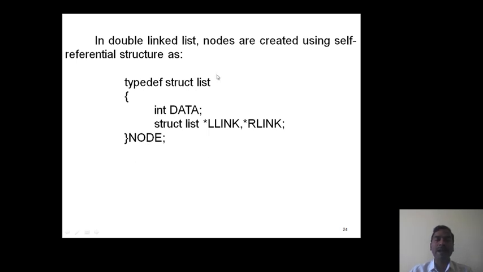Once this creation part is completed, you are capable of creating nodes in this format: node *start, assuming this pointer is initialized with null, and *end is also initialized with null.